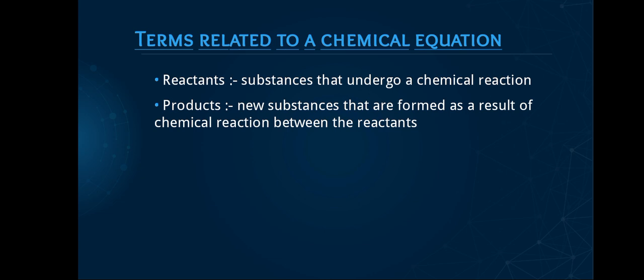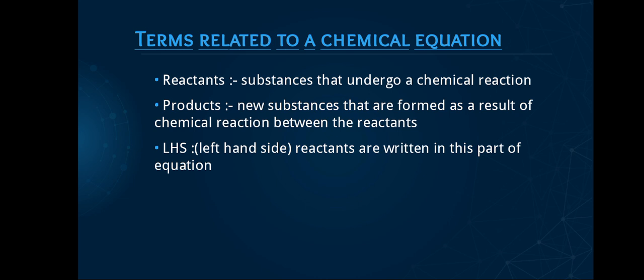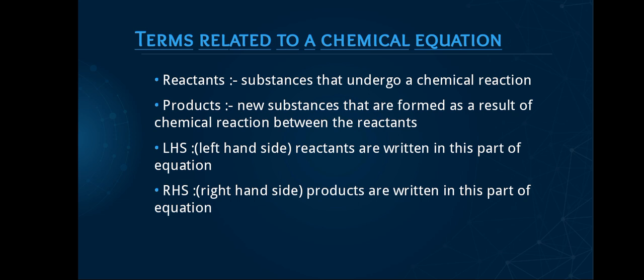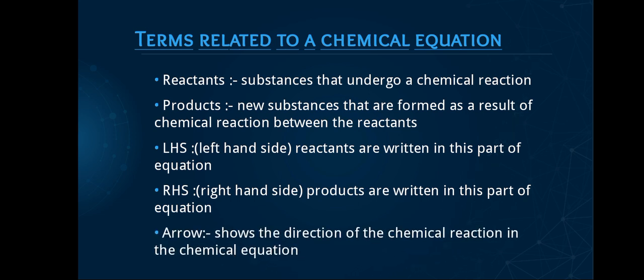Products. These are the new substances that are formed as a result of a chemical reaction between the reactants. LHS, left hand side. Reactants are written in this part of the equation. RHS, right hand side. Products are written in this part of the equation. Arrow, it shows the direction of the chemical reaction in the equation. I hope you are clear with all these terms.